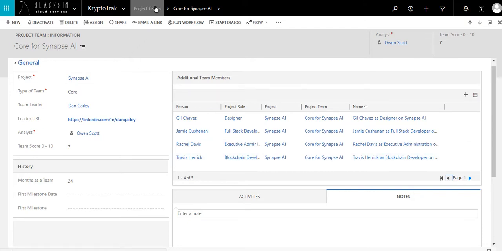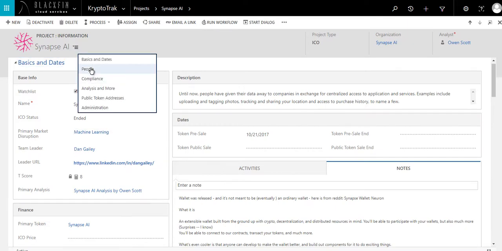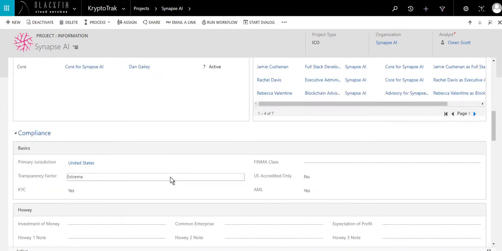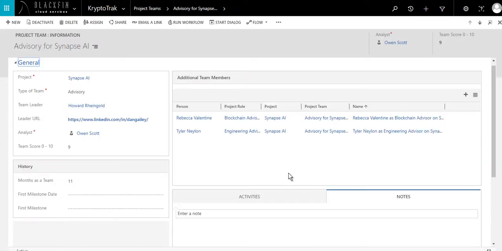Okay, so I'm going to head back and look at the second team, which is the advisory team. Here you'll see that this team is a 9, and that's as an advisory team. That's really important to understand.